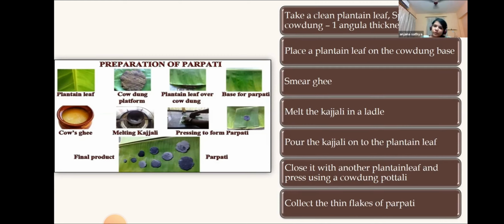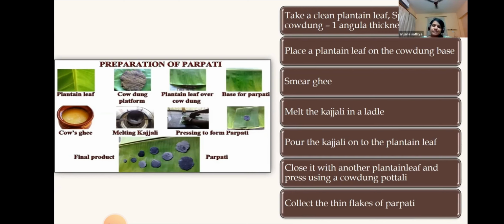Over the cow dung base we place a plantain leaf, and over the plantain leaf we smear a thin coat of ghee. Now the cow dung bed is ready. Now we have to melt the kajali, taking it in a Darvi Yantra or Pallika Yantra.